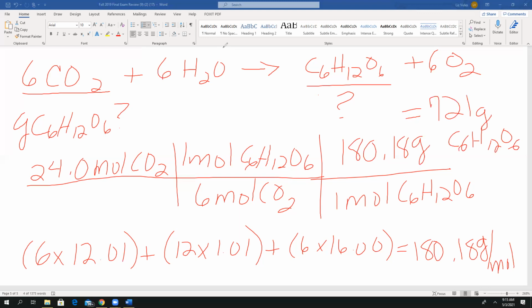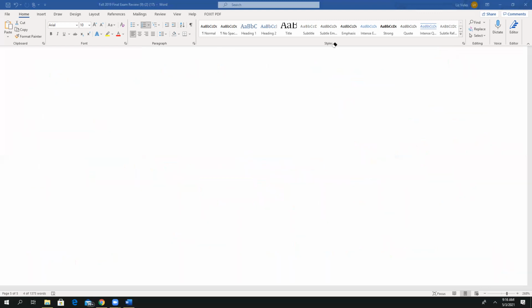All right. Now, let's do one more with gram to gram, which is going to take 2 molar masses. Let's do a simpler one. Okay, so let's clear that. And this is our equation.